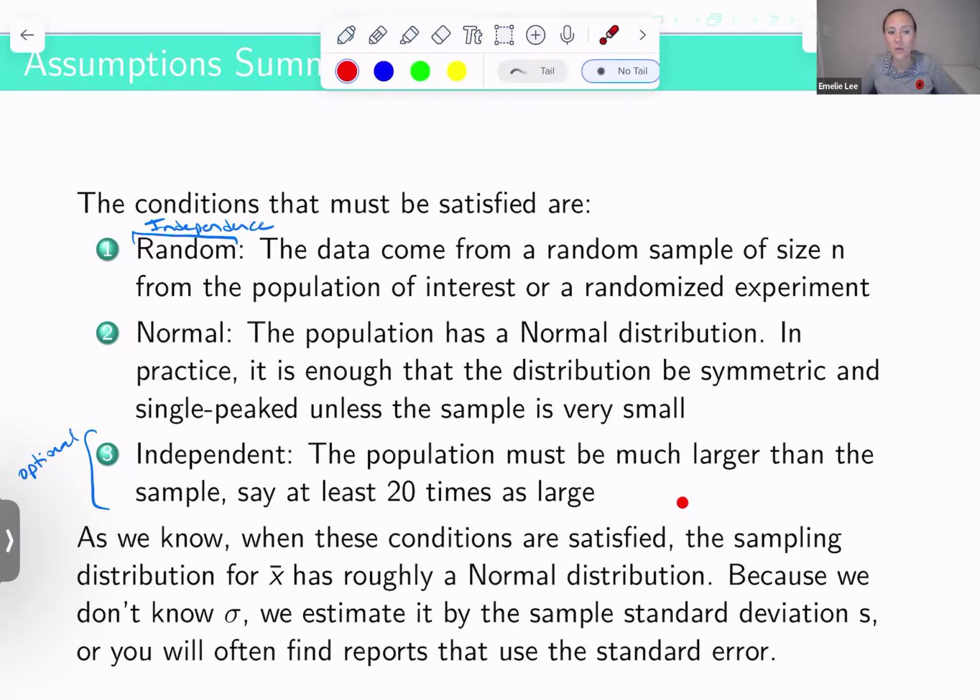And now we want to say at least 20 times as large. Again, that goes back to independence, where if you've taken too much of a population, you will introduce some non-independent observations. But that's too much for us.